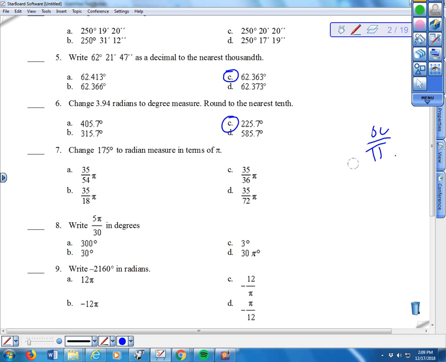Change 175 to radians in terms of pi. I'm going to simplify. So that's 35 pi over, what is that, 90? No, 36.